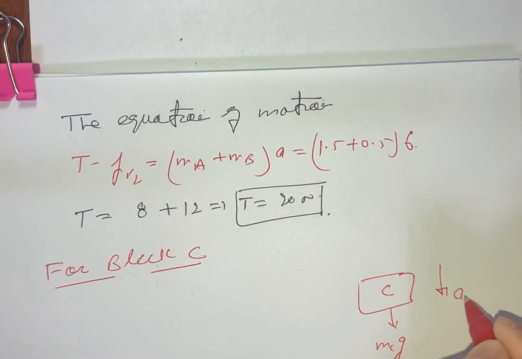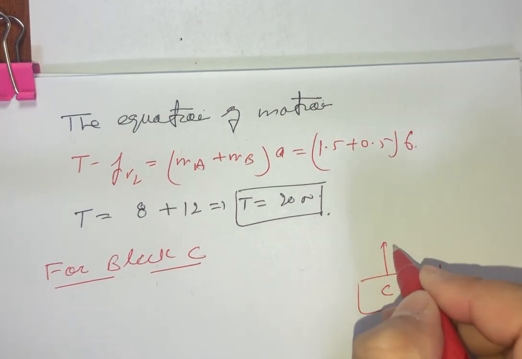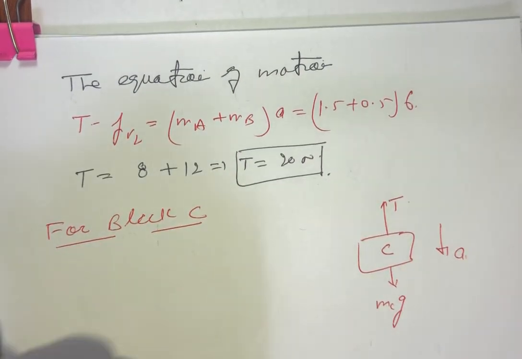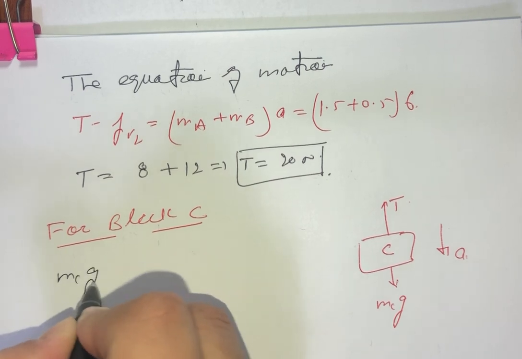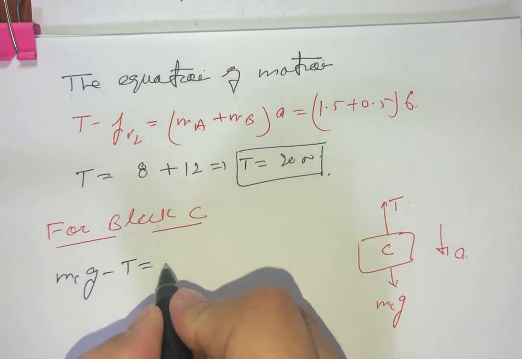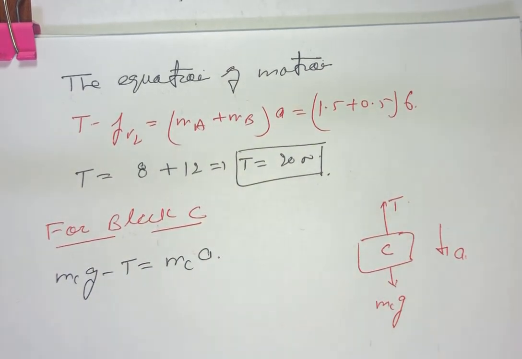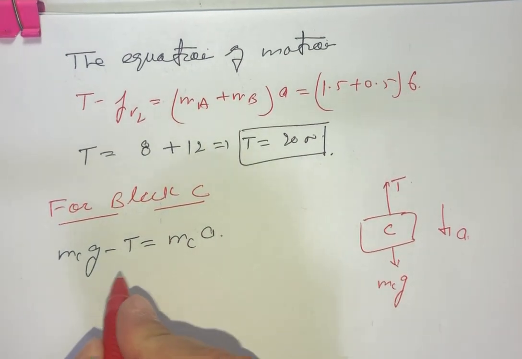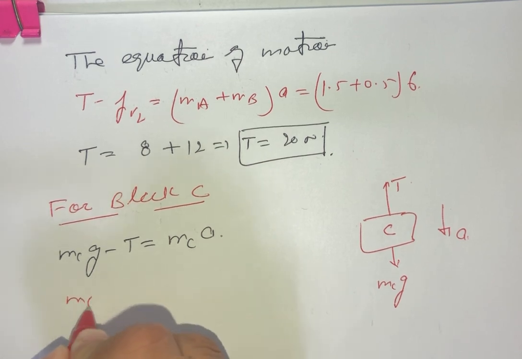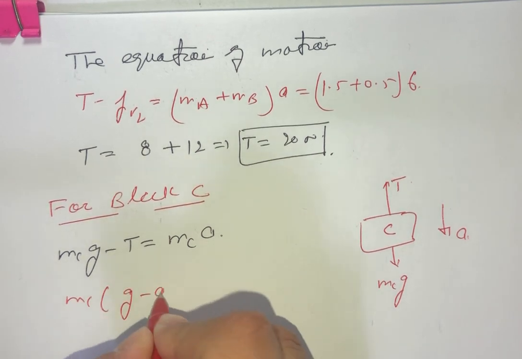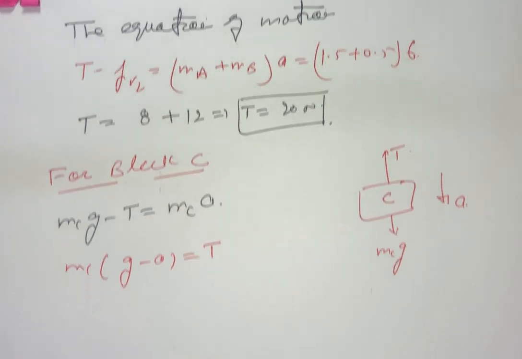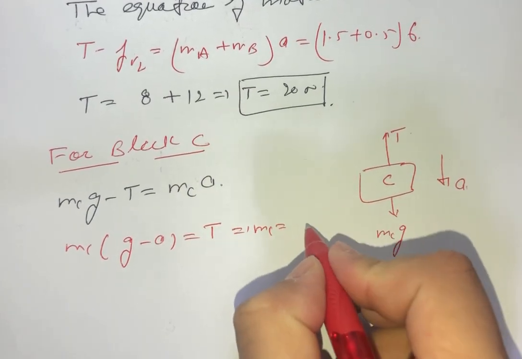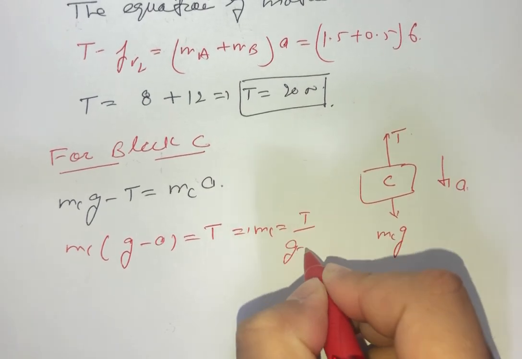The acceleration will be a, and in the upward direction there will be tension T. So we can write the equation for this as mCg minus T is equal to mC multiplied by a. So we can write this as mC taken as common, (g minus a) will equal tension T. From here we can say that mC is equal to T divided by (g minus a).